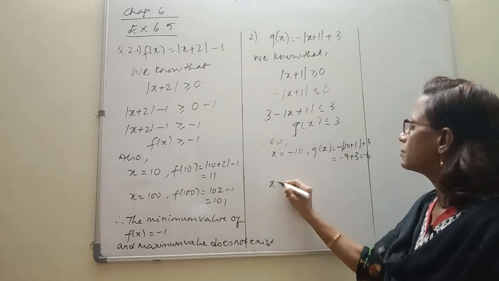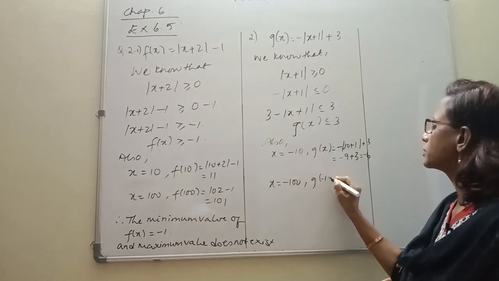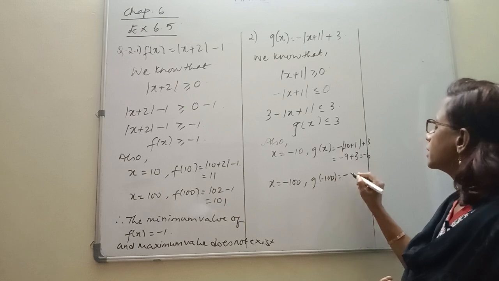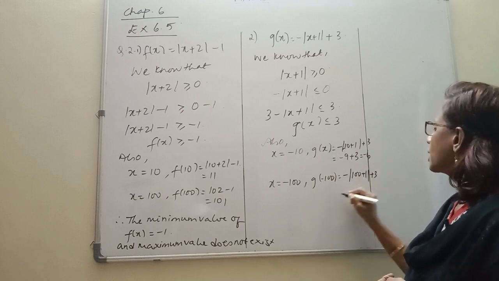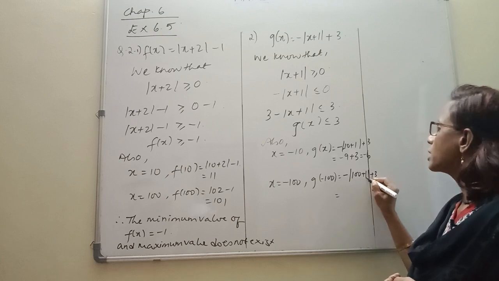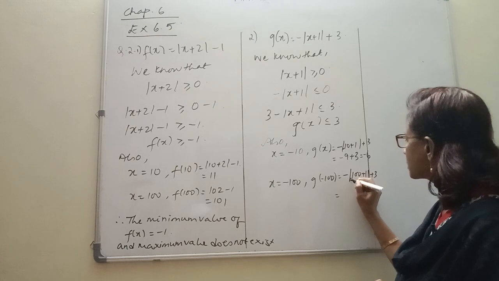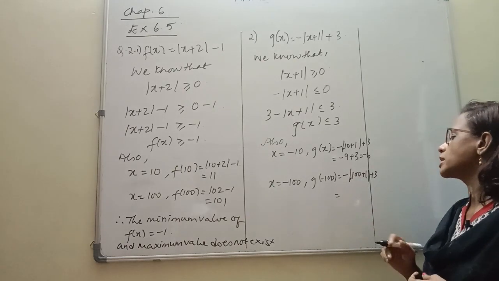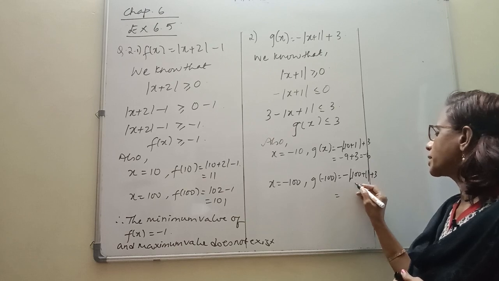So also minus 100. See what's the value? Minus modulus of minus 100 plus 1 plus 3. It's minus 100 plus 1, so that's minus 99. Minus 99 in modulus will become 99.